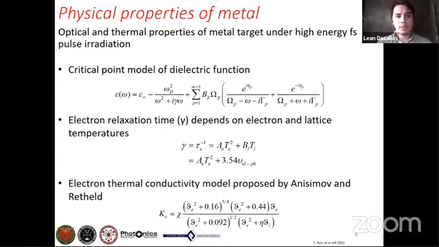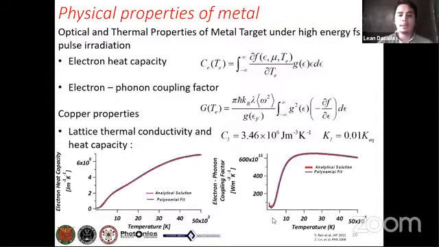To do that, we need to incorporate the physical properties of the metal, such as the optical and thermal properties. In our work, we focused on copper, which is described by the critical point model of the dielectric function. The relaxation time is given by this equation, and the conductivity is given by this equation.